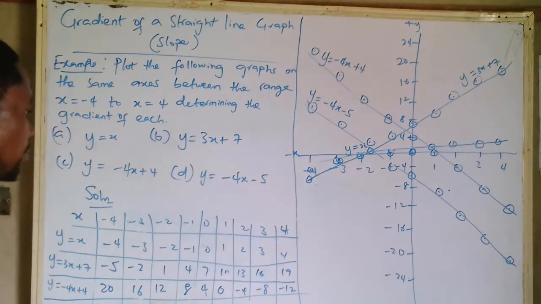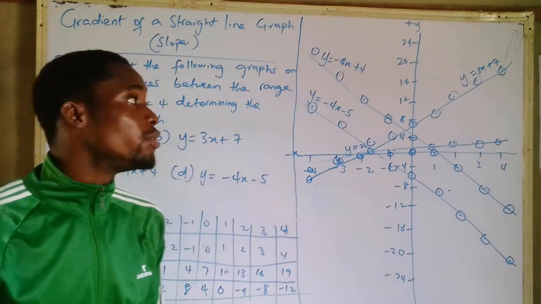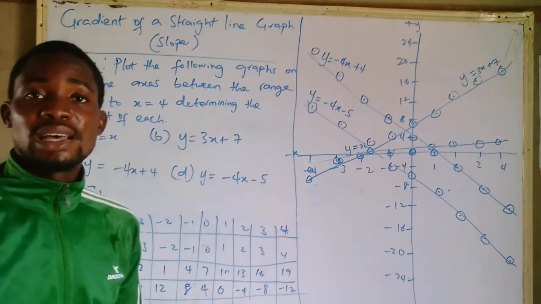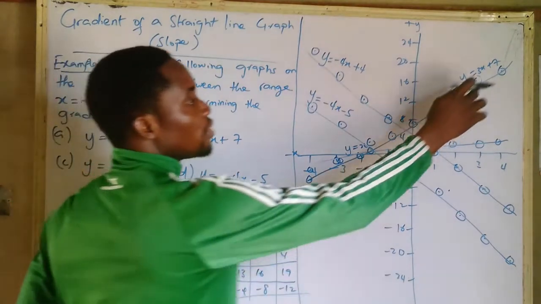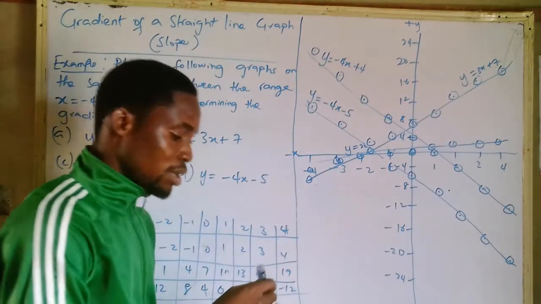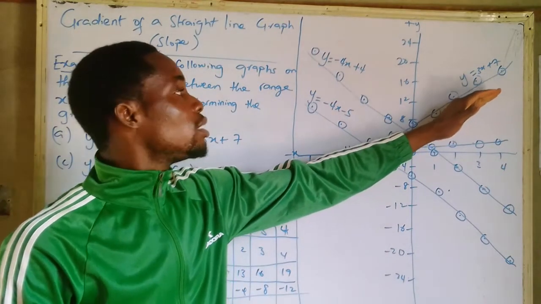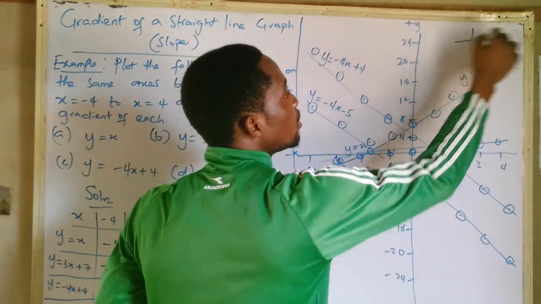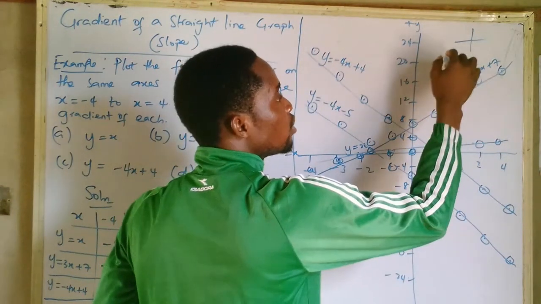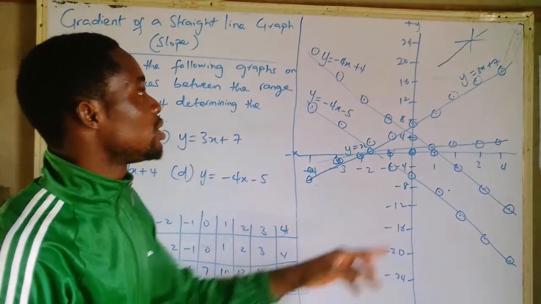Now, from there, what do we have? From there, I'm going to find the gradient. To find the gradient of a straight line graph is as simple as saying, trace, for any graph, say for this graph now, look for where this straight line passes through x and y exactly.